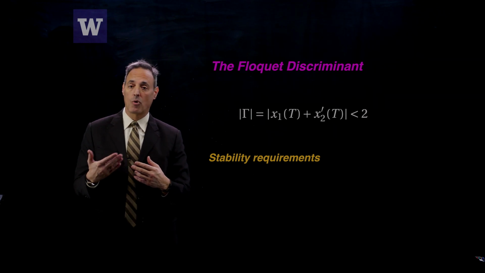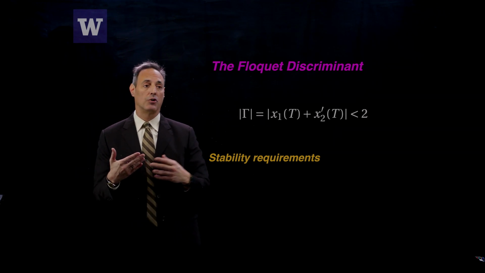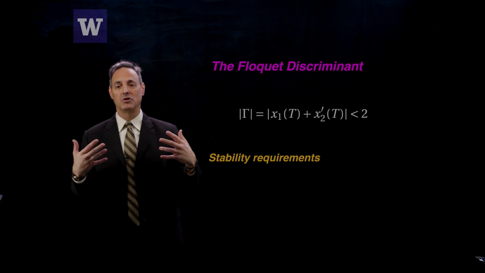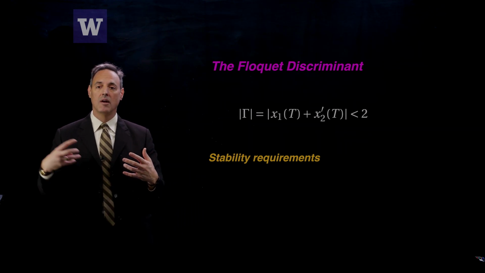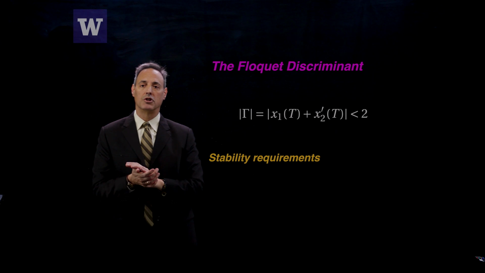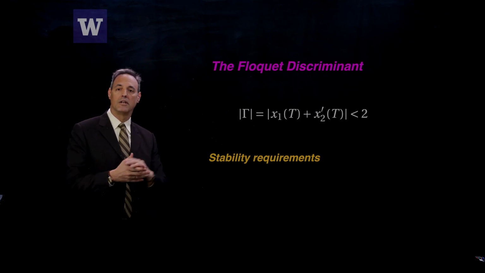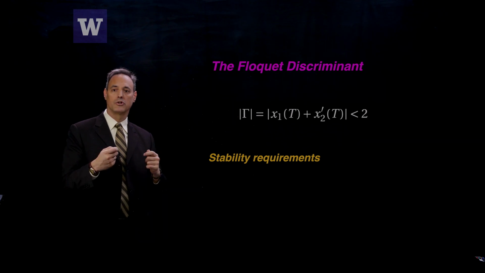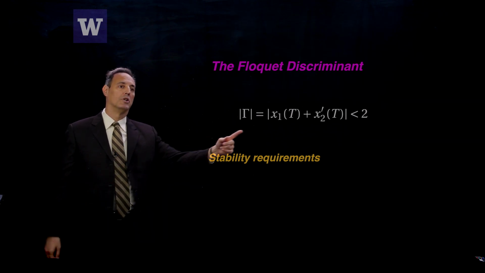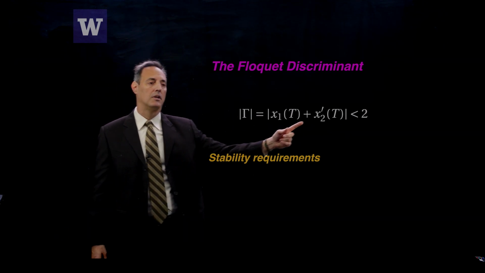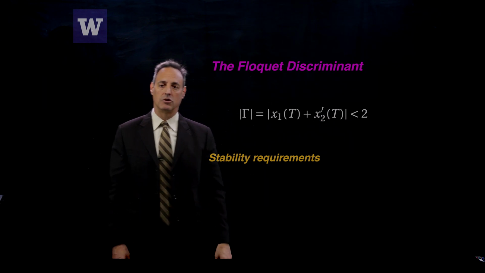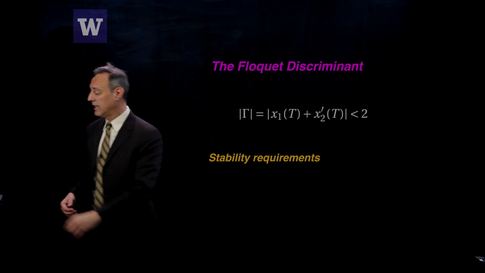This is important because here we can write down the solutions in a very nice closed form way, but generically the way you would solve this is you would do this computationally to solve for this Floquet discriminant, which is to run your solutions to the future and compute these terms just from numerics and show that it's less than 2. In fact, we're going to do that in the next lecture.